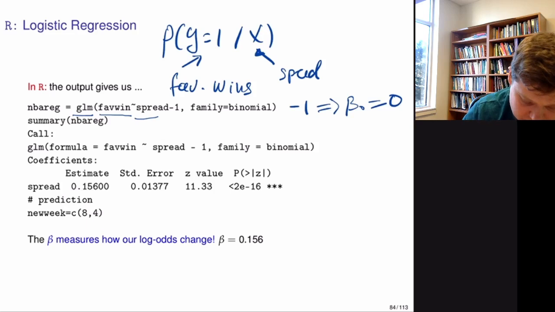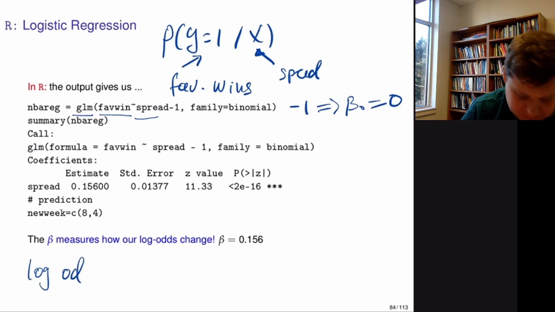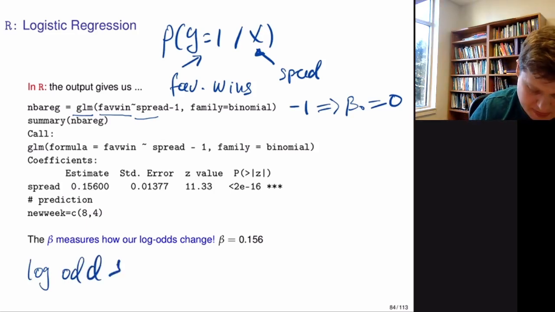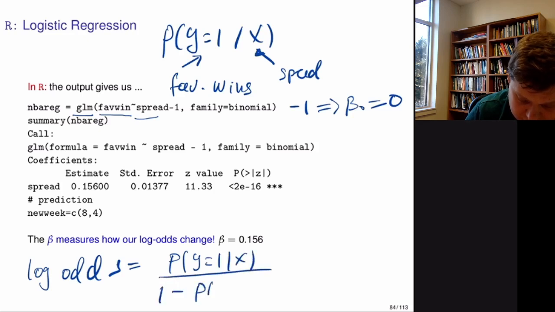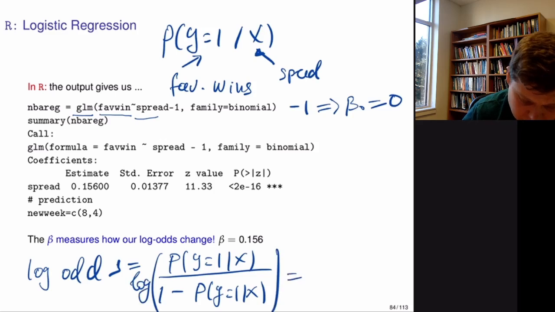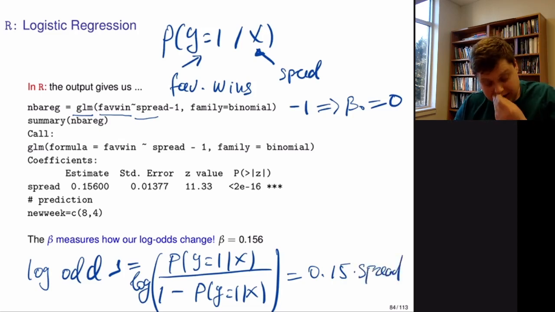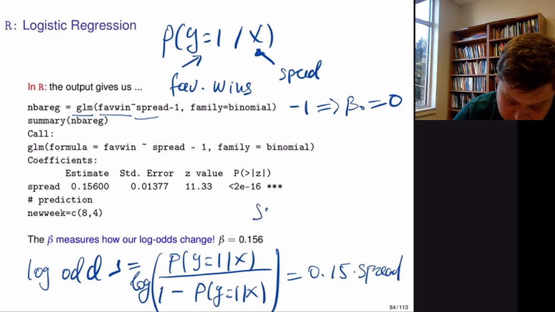So in other words, what we have is the log odds, which is the probability that the bookies made the correct prediction given x, divided by the probability that bookies made an incorrect prediction given x. If we take this on the logarithmic scale, it equals 0.15 times the spread. So what happens if the spread goes up?